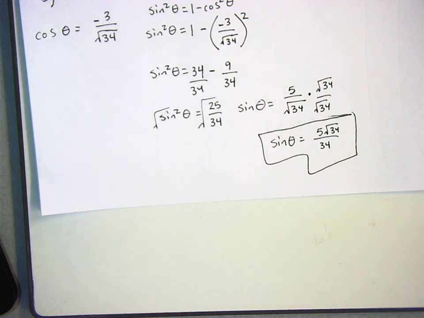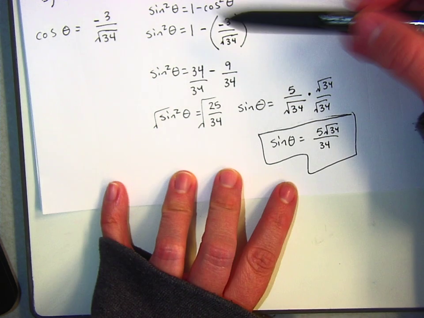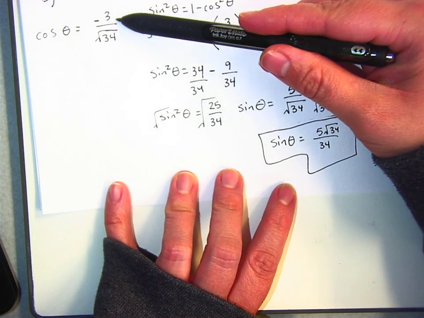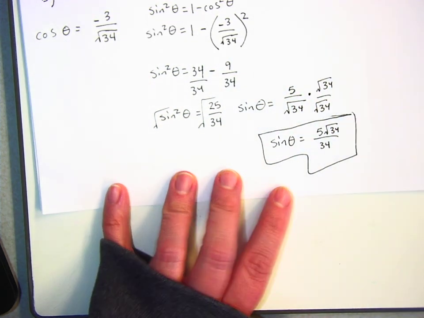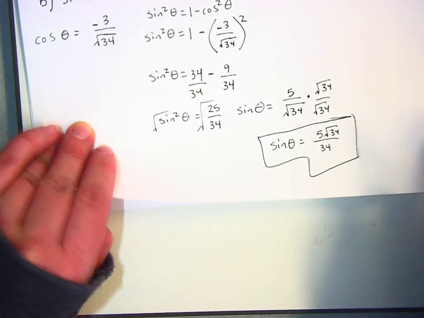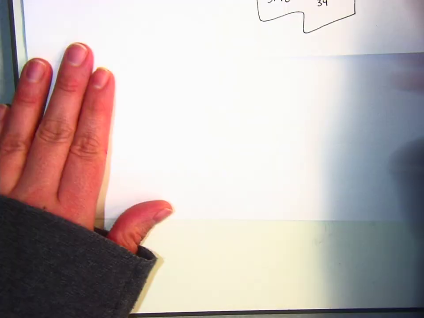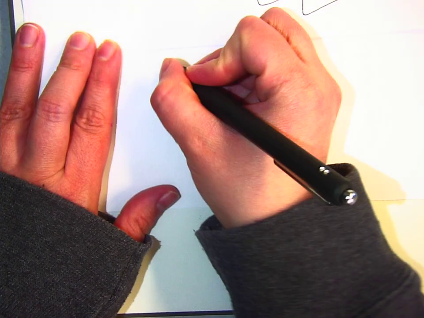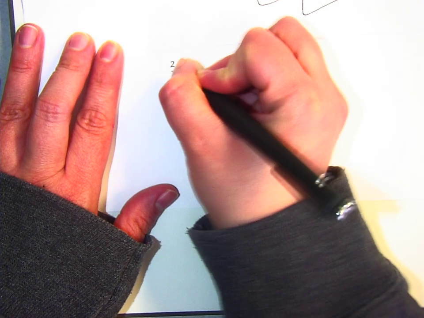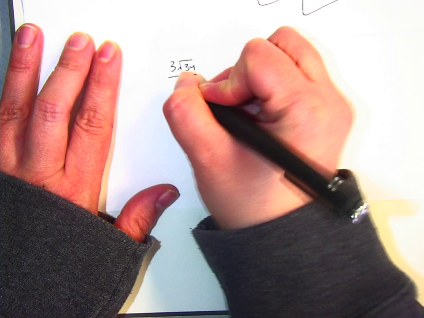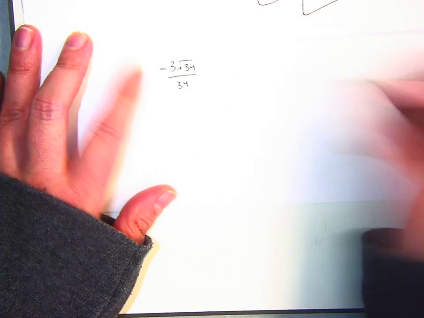So if you rationalize it up here, then you would have had 3 times the square root of 34 over 34, correct? For your cosine.